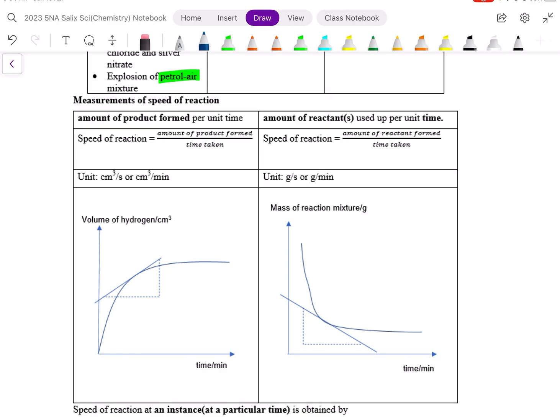Either by the amount of product, which usually is the volume of gases for this one, or the amount of reactant that is used up, not formed. Usually this one will be in the mass of reaction mixtures.